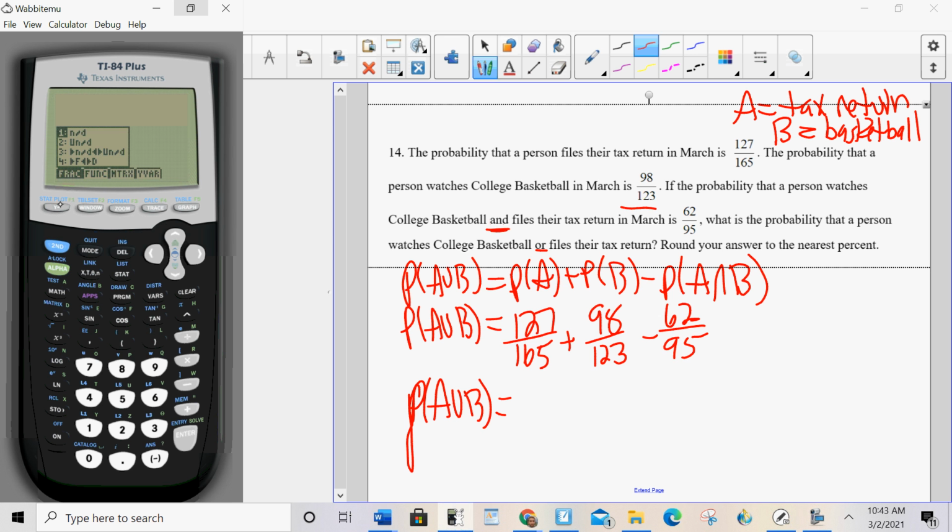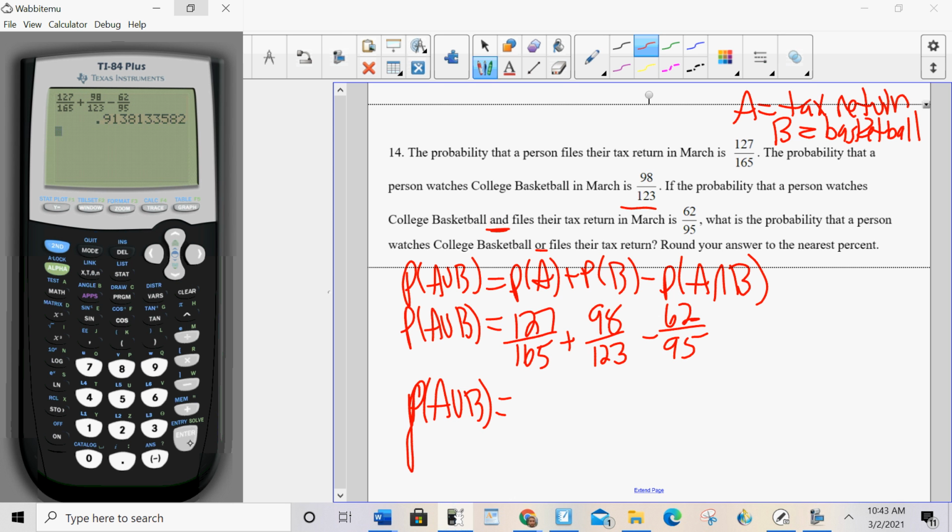Alpha y equals enter 127 over 165, plus alpha y equals enter 98 over 123, minus alpha y equals enter 62 over 95.